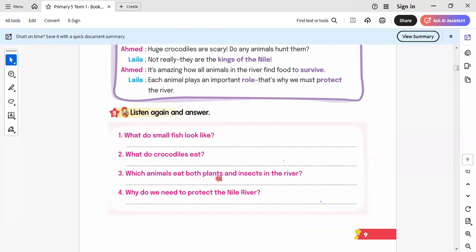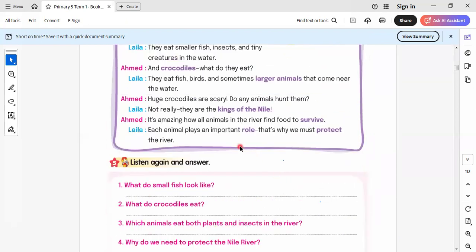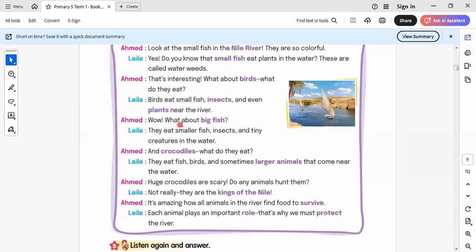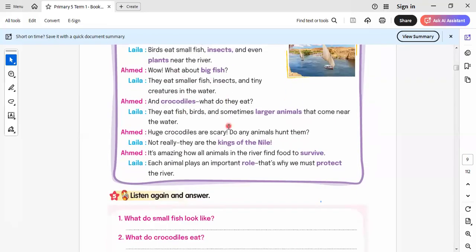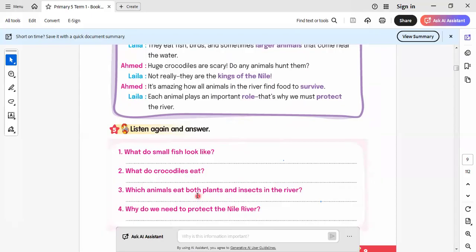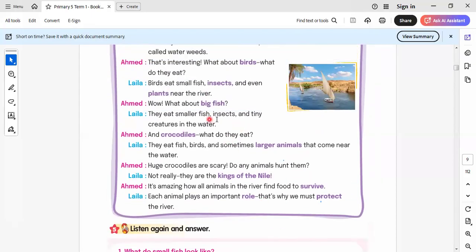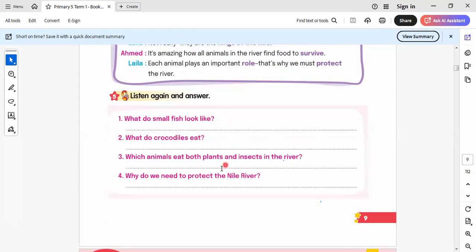Which animals eat both plants and insects? Birds, as we know here. Birds eat both plants and insects in the River Nile. Here we have birds, insects, and plants, and small fish. Why do we need to protect the Nile?